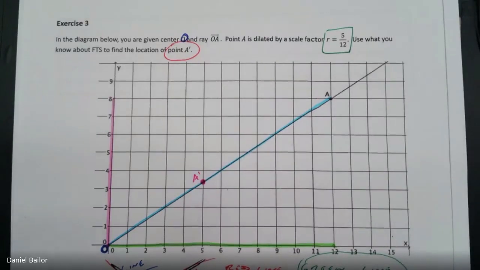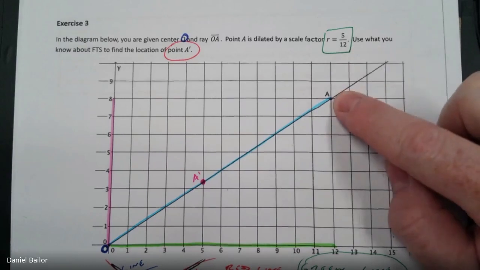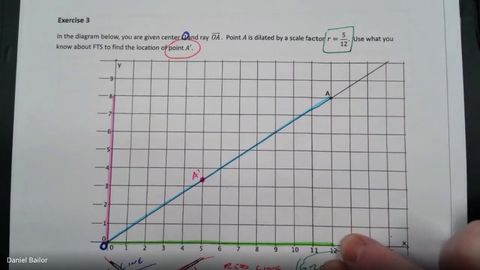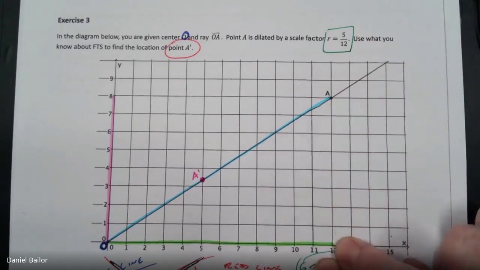And some people might have even realized that the green line was going to be easier at the beginning, because when you saw that r equals 5/12 and you saw that a hit 12 down here, you should have said, wait a second, 12 and 12. So if a hits 12, this is going to be the easier math right here.